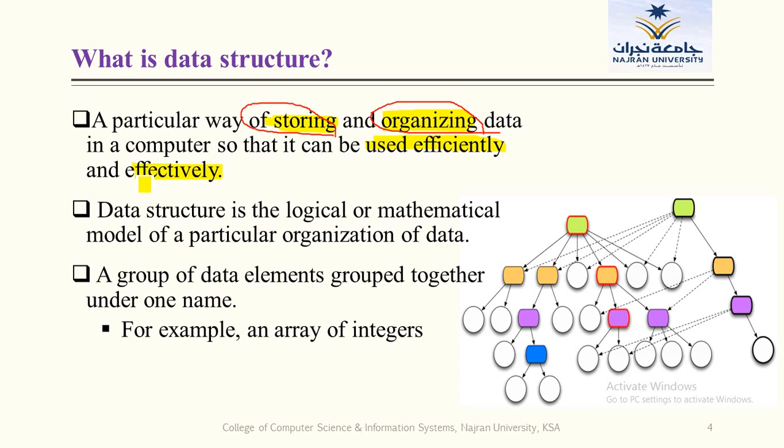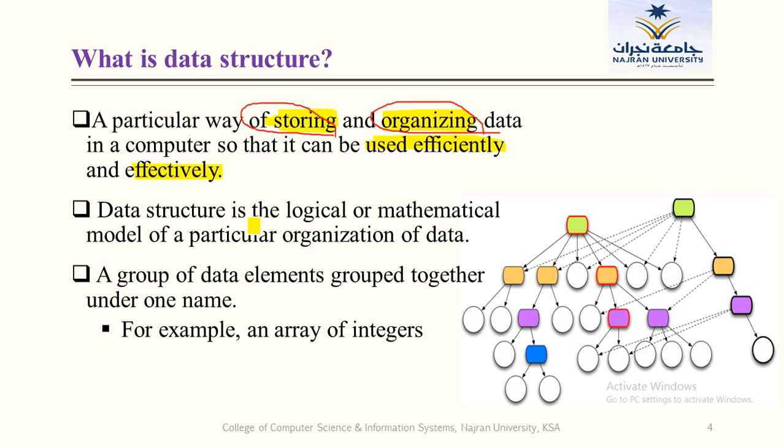So for the efficient and effective use of data, we need some data structure. We have different data structures that we will study in coming lectures, but to store data and to organize data, we need data structures. And whenever we have done this, it will be efficient and effective usage of data.